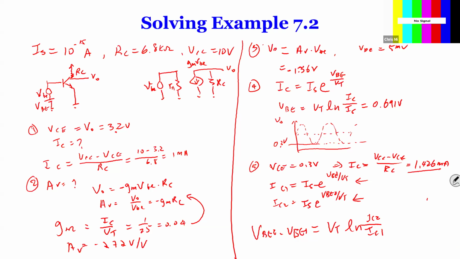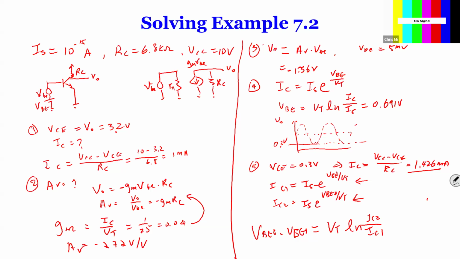Why can't you just subtract 0.691 minus 0.3 and find the amplitude? Isn't that VBE? No, 0.3 is the VCE. It's a saturation voltage, not VBE. You have to translate it back into VBE. VBE is the input. VBE is here. See? The change over here induces a change in output.